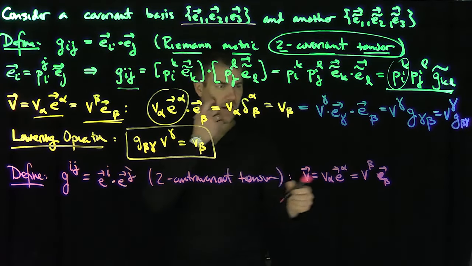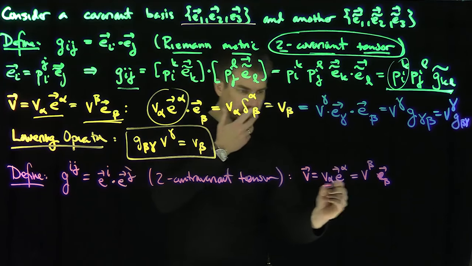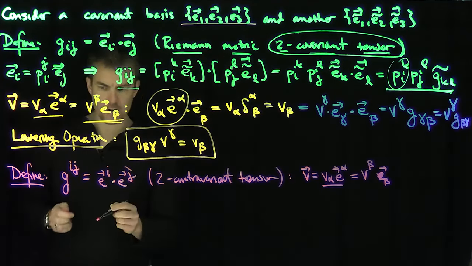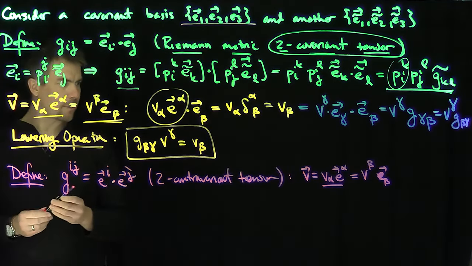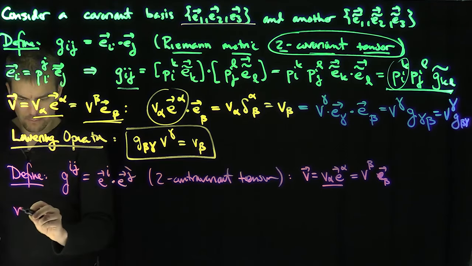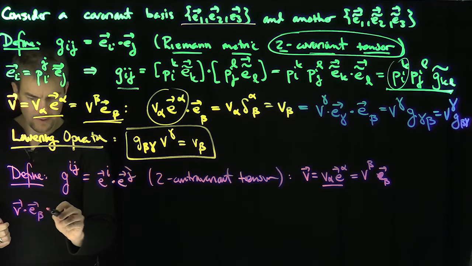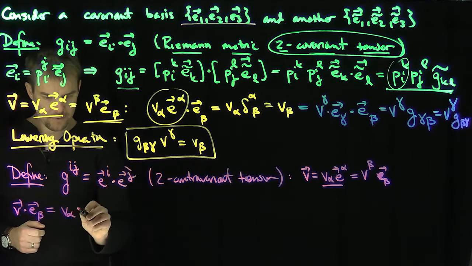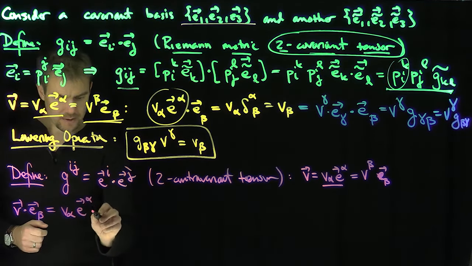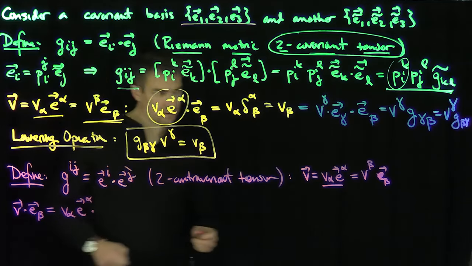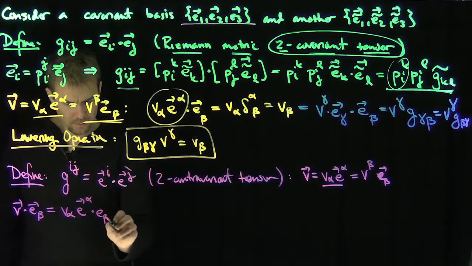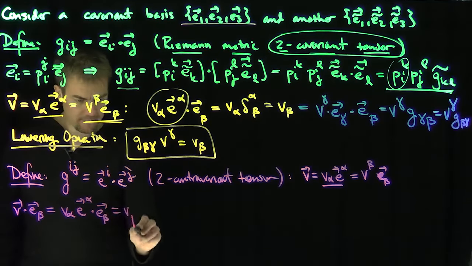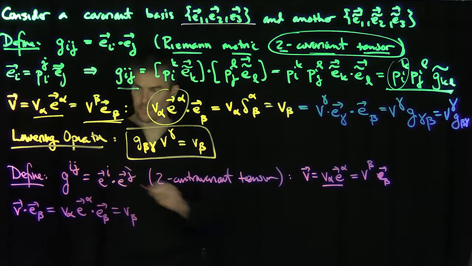Now I'm going to take this equation over here and dot this part of it with E beta lower. So V dot E beta lower is the same thing as V alpha E alpha upper dotted with E beta lower. And that gives me my V beta coefficient like that, okay?